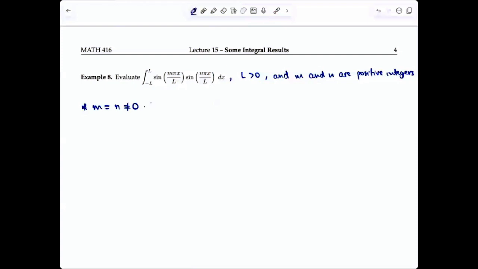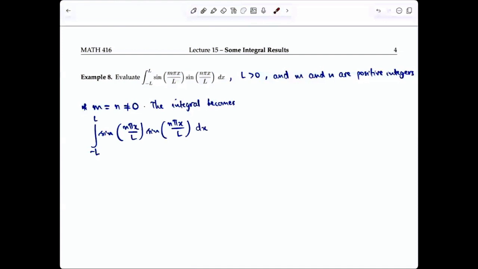Then the integral becomes, here I'm just going to rewrite the integral, sine of n pi x over L times another sine of n pi x over L dx.